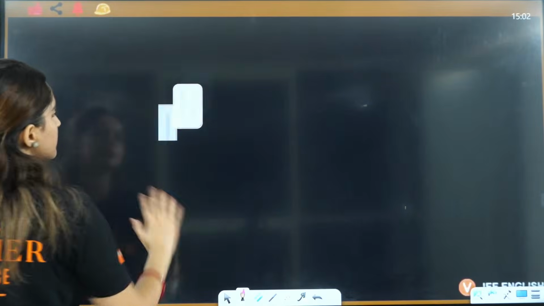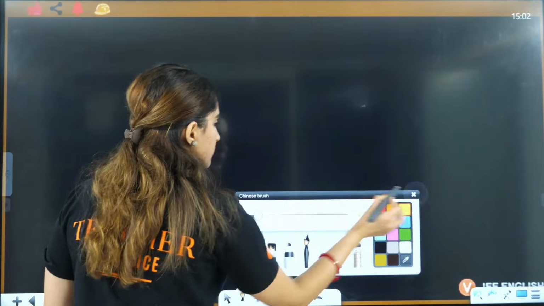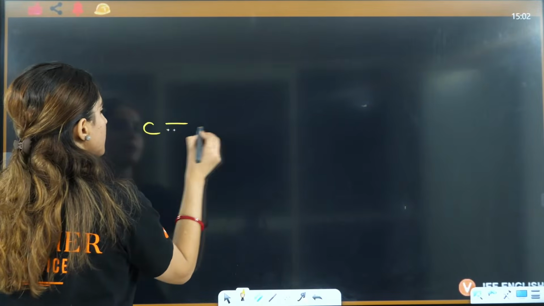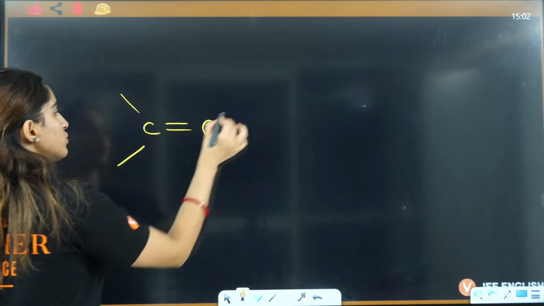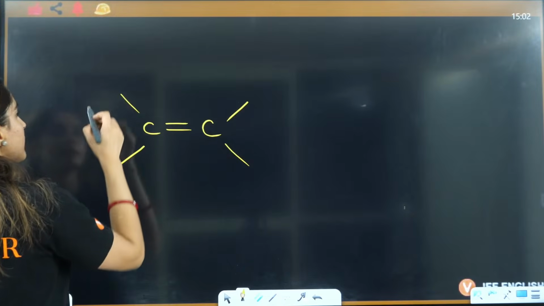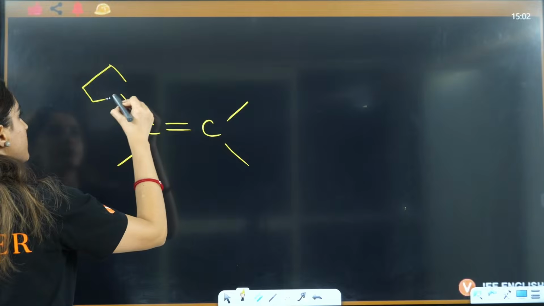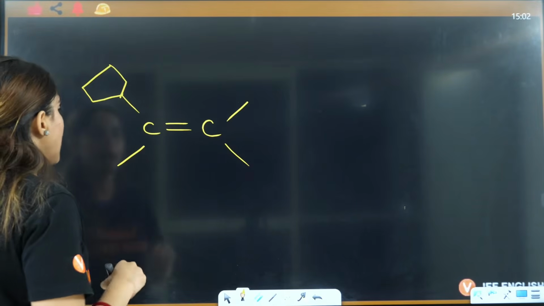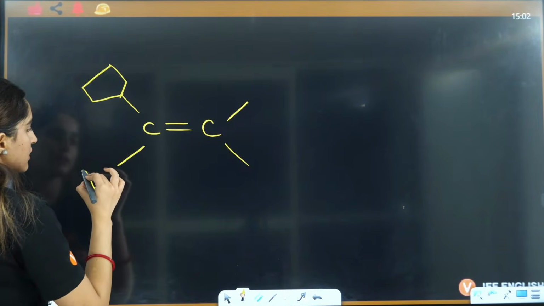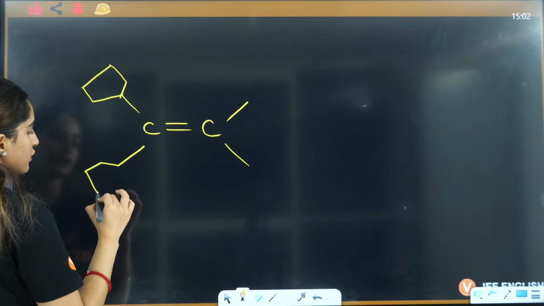So let's say there is a structure. Let's see. C double bond. This is 1, 2, 3, 4. Let's say here you have this kind of situation. And here you have this kind of situation.